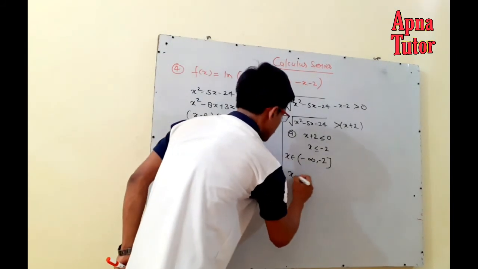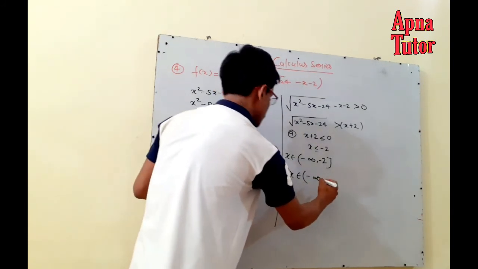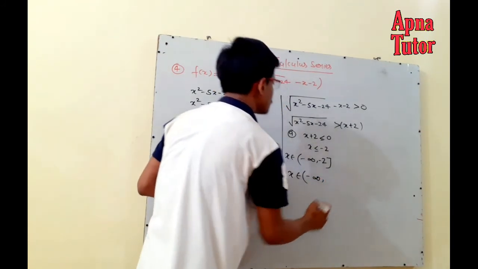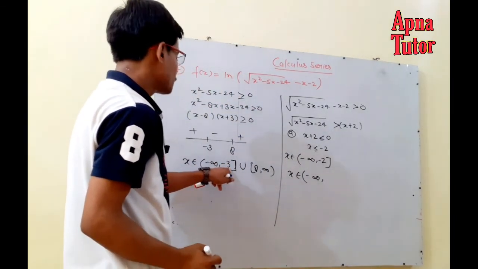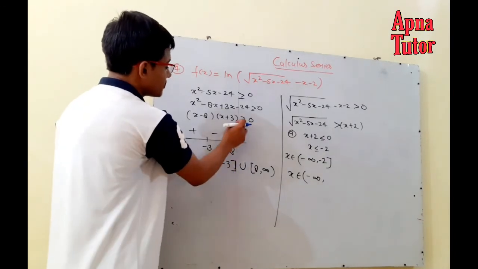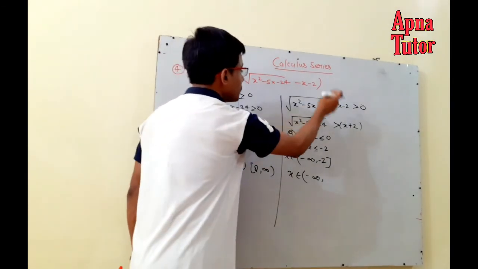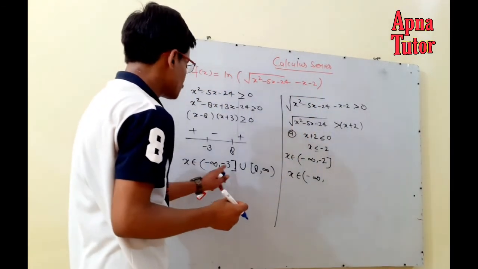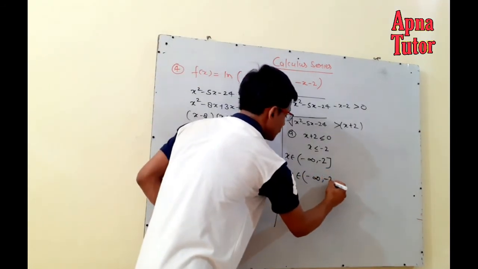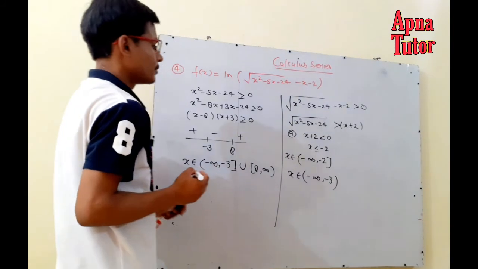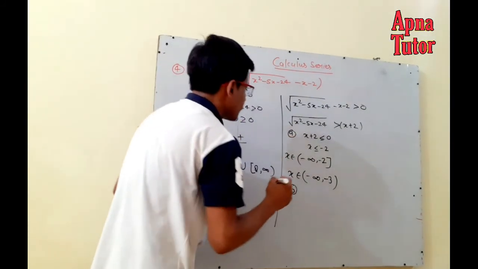You will get x belongs to minus infinity to minus 3. Sorry, you can't take 3 here. You have taken minus 3 for making this inequality greater or equal to 0, and when you take it, your inequality will get violated. So you have to exclude minus 3. So put minus 3 as open.